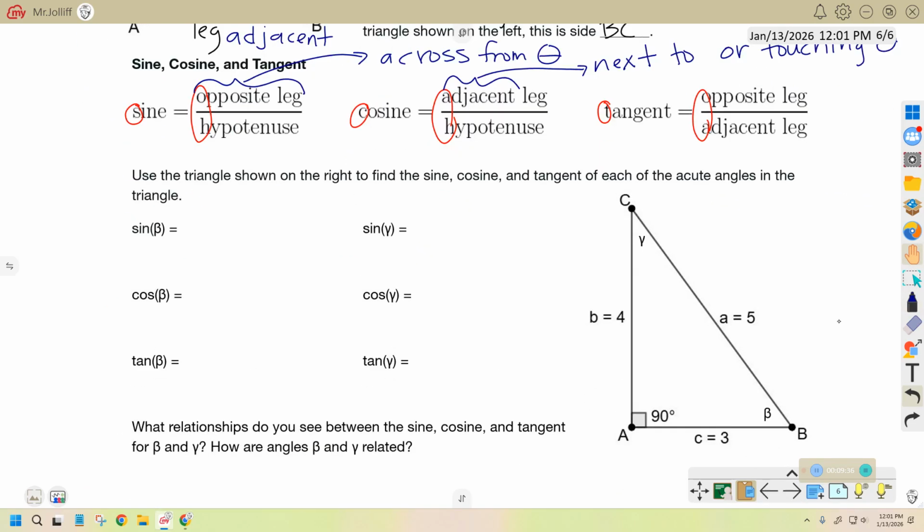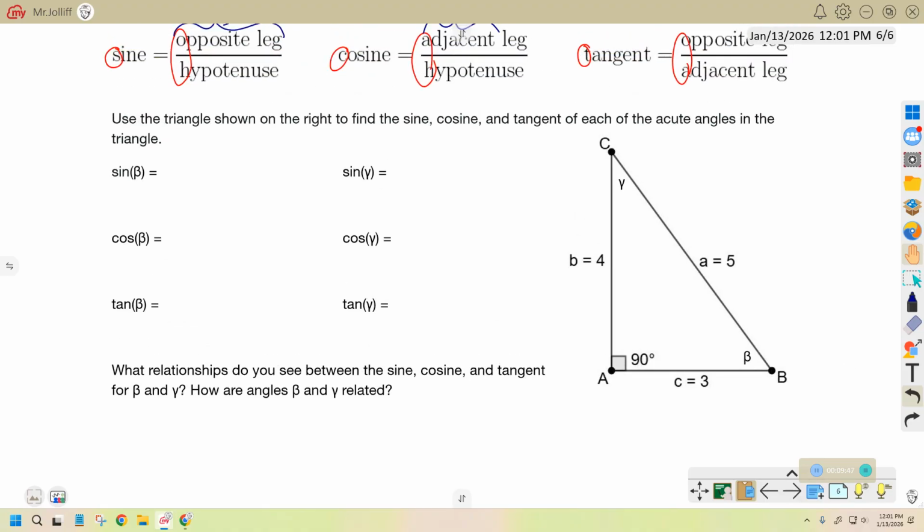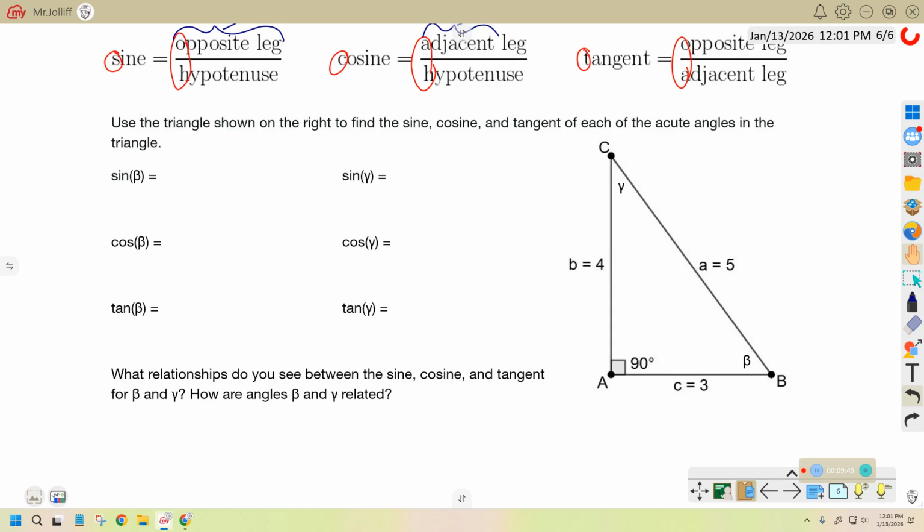We have an example to practice setting up those trig ratios, SOHCAHTOA. So we're shown a right triangle here, ABC, and we're asked to set up the ratios for sine, cosine, and tangent for angle beta, down here, angle B, that's these guys here.